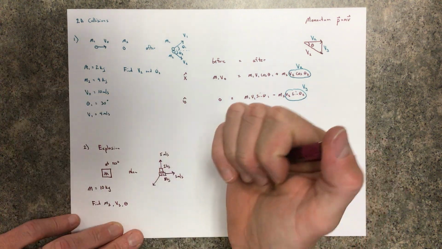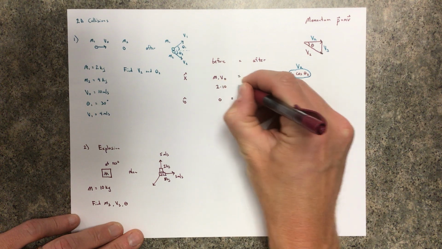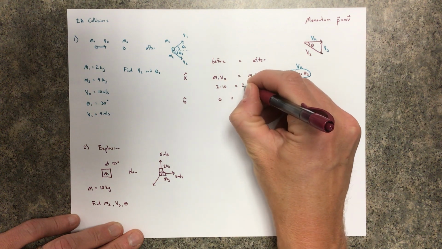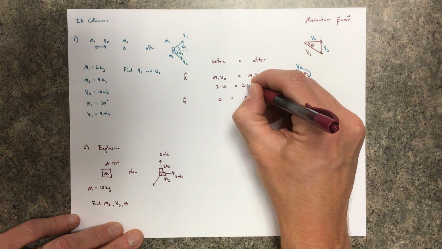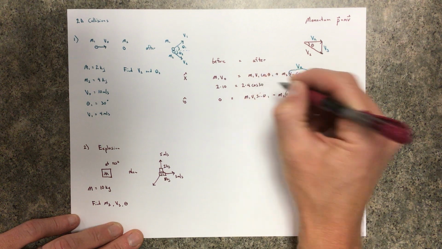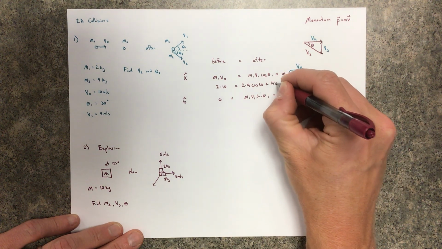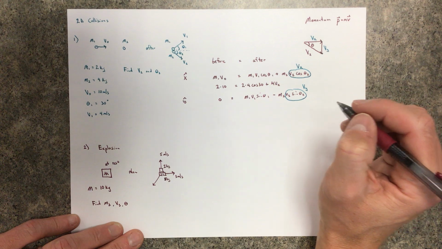Okay, so this is 2 times 10 equals 2 times 4 times cosine of 30 plus 4 Vx. That's amazing. That's easy, right?